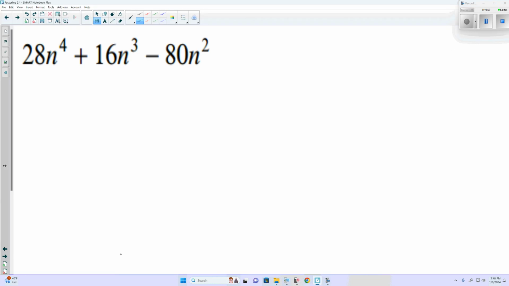And 4 does go into 16 and 80. So 4 is a greatest common factor. 4, yes. Is there anything else in common with all three? It has a square, but it's not 4. What else is in common with everything?